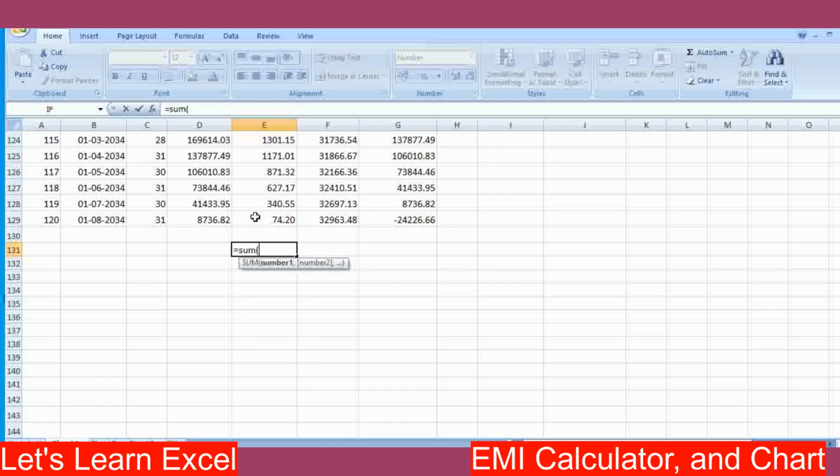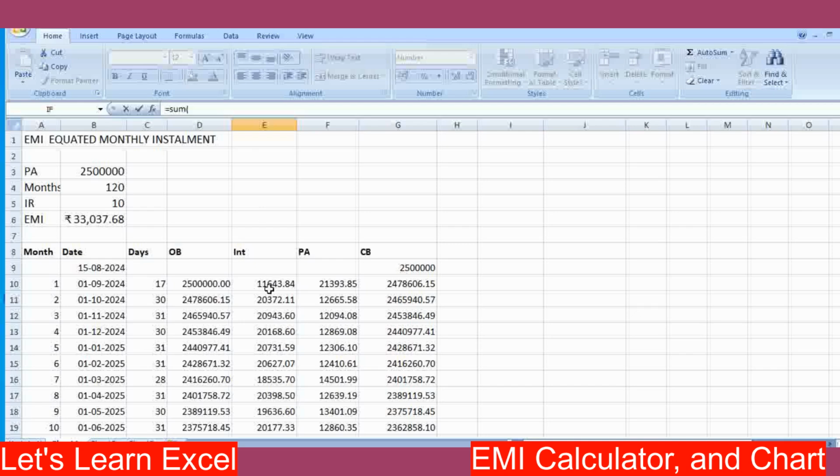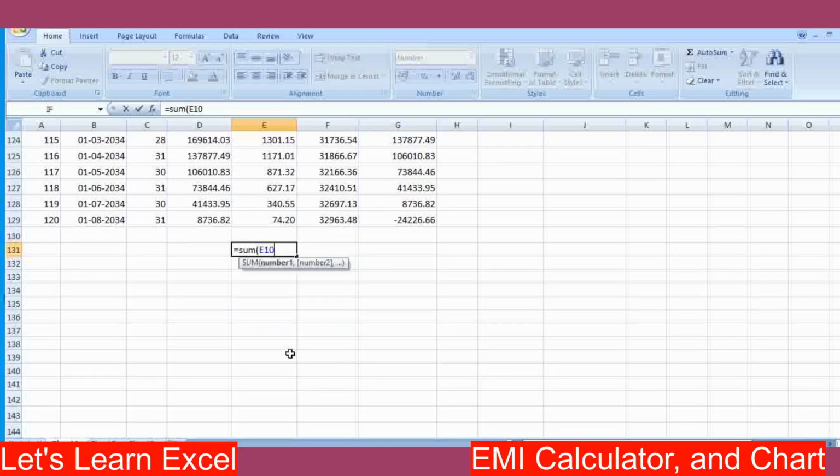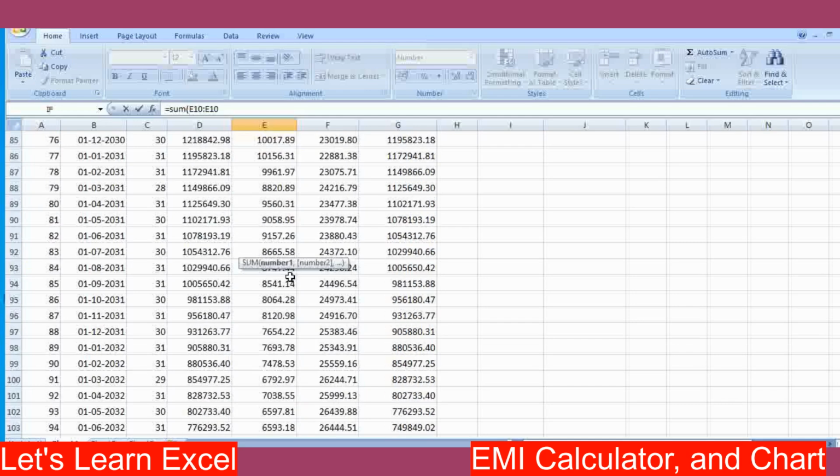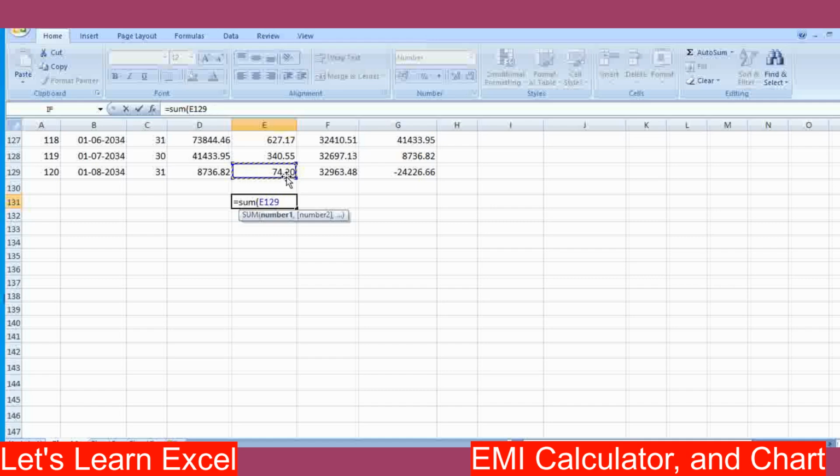This one, sum of E10 to E129. See now here, 14,40,000 we have paid as interest.